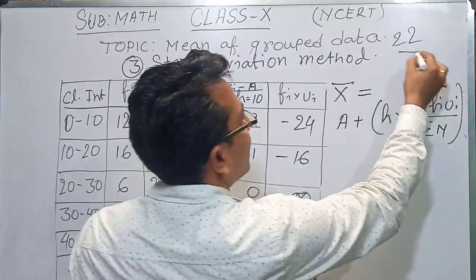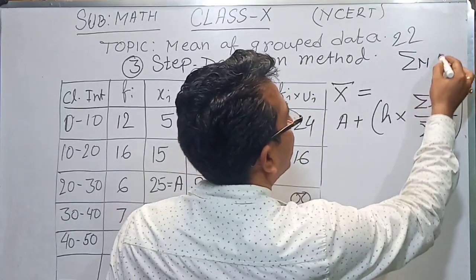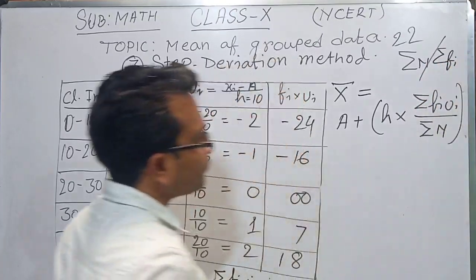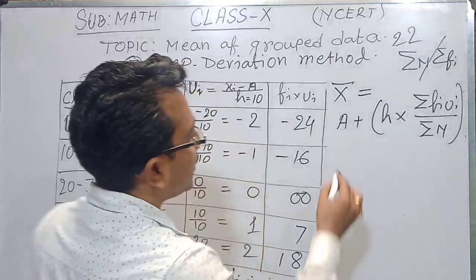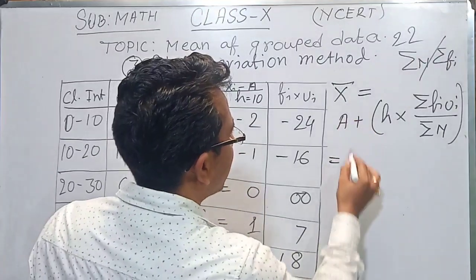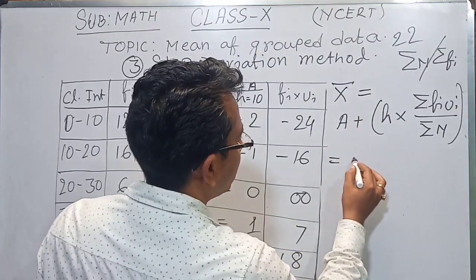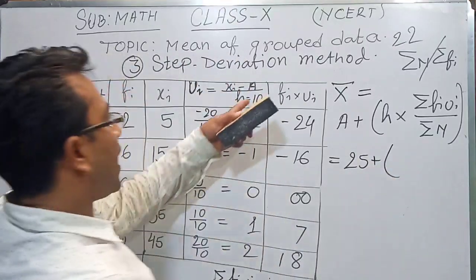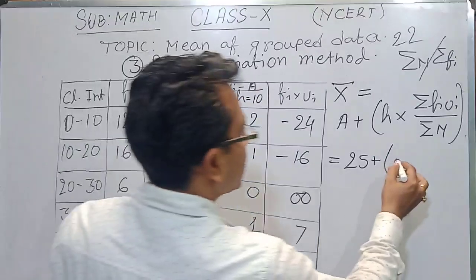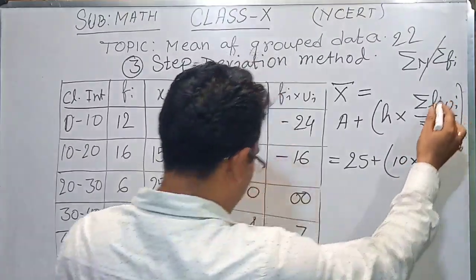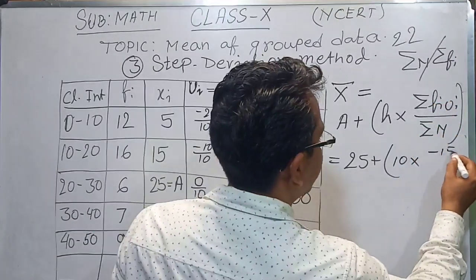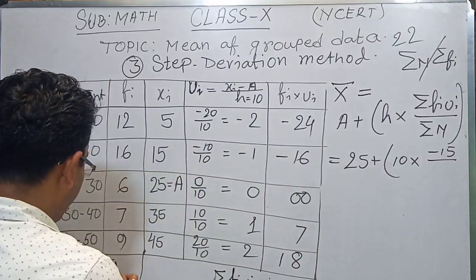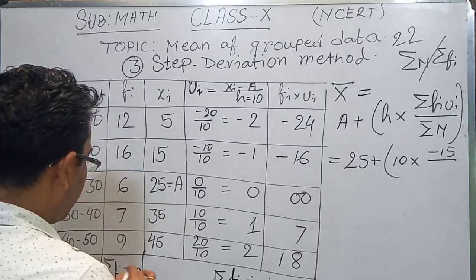Somebody writes summation n or summation fi. Both are the same. So here x bar equals 25 plus the width of each class, which is 10, into summation fi ui equal to minus 15, divided by summation n or fi, whatever you write, that is 50.